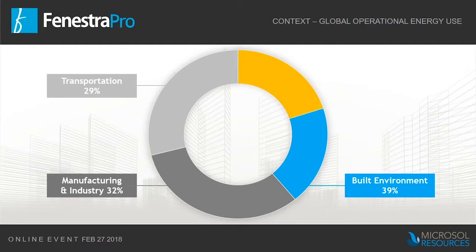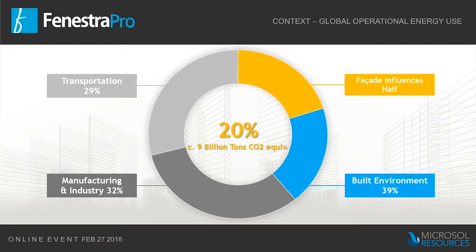If approximately half of that is taken up by the facade, we could deduce, in a roundabout way, that about 20% of our operational energy use globally is directly influenced by the facade. That's something in the region of 9 billion tons of CO2 equivalent. That might be a worst case scenario, but even if we take that back conservatively and talk about 5 or 6 billion tons of CO2, that's a lot.